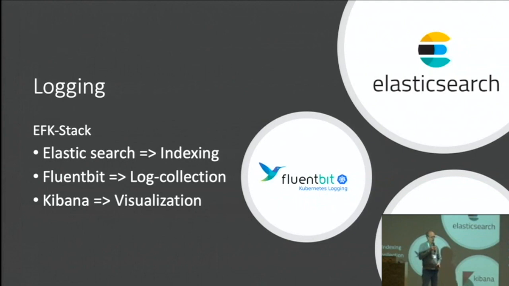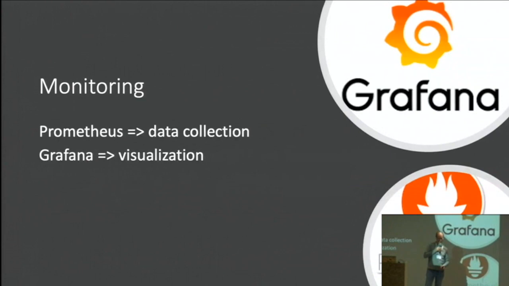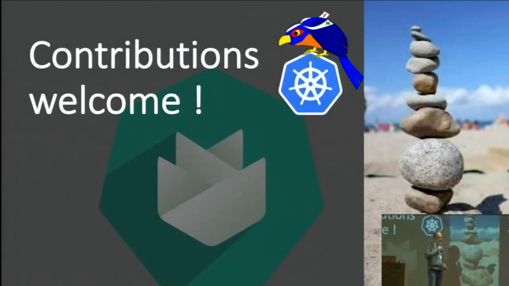And then, like Luca showed this morning, Kibana to look into the data. And for monitoring, we will use Prometheus. So we will probably use the Prometheus connector to grab the data from the Gerrit source and use Grafana for the visualization. And this is all open source.